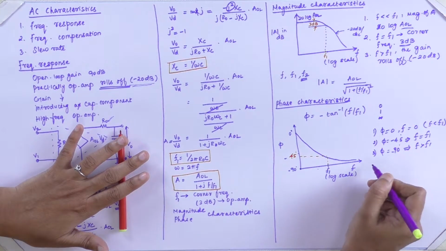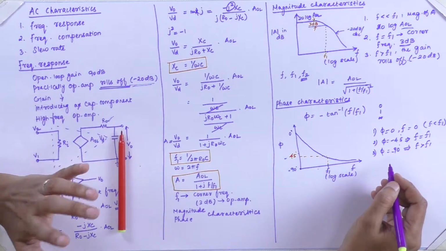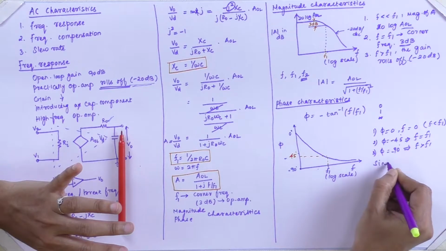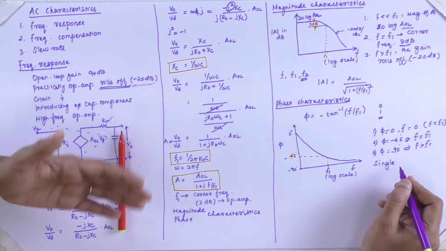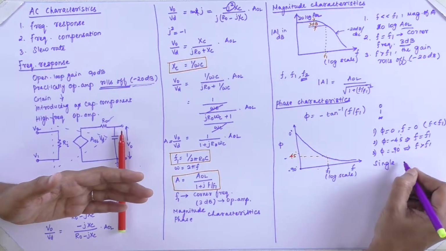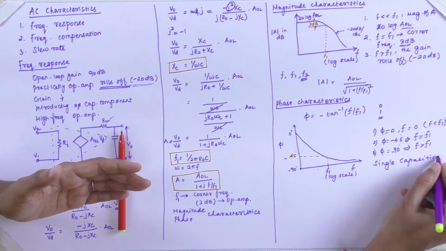In this condition there will be a 90-degree phase change only when we use a single capacitive component. If we use more capacitive components, for example 2 capacitive components, it may be a 180 degree phase change. So a single capacitive component is to be used.